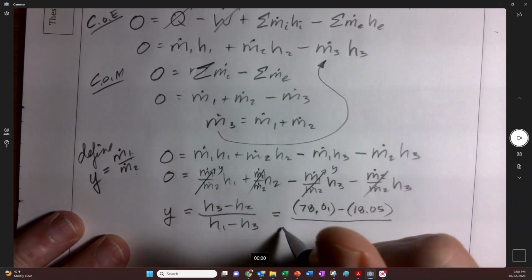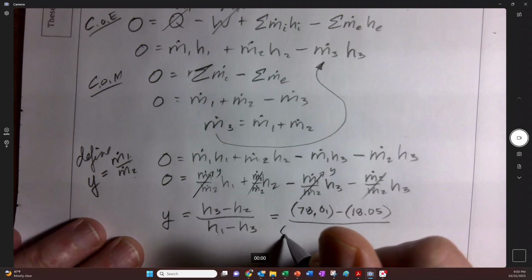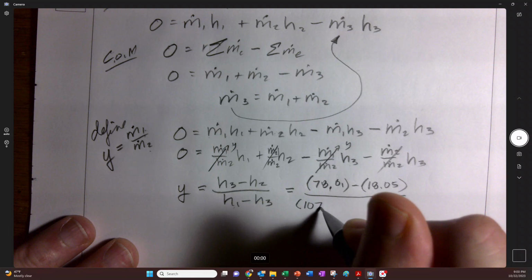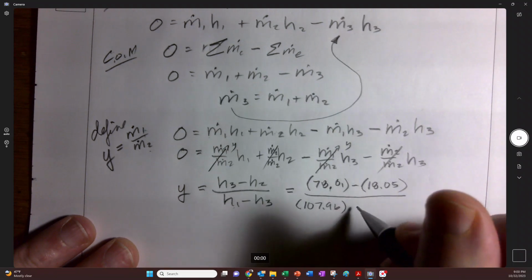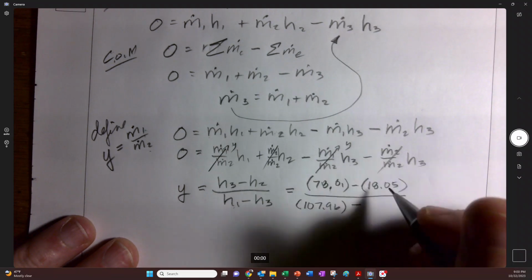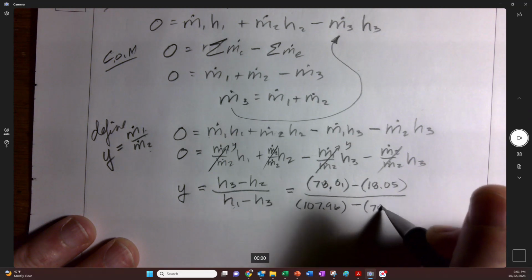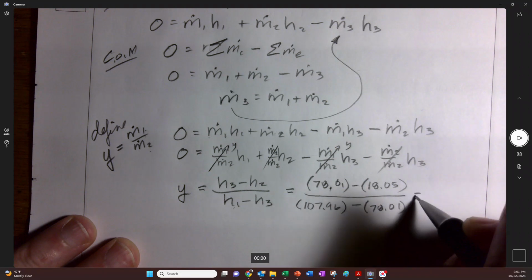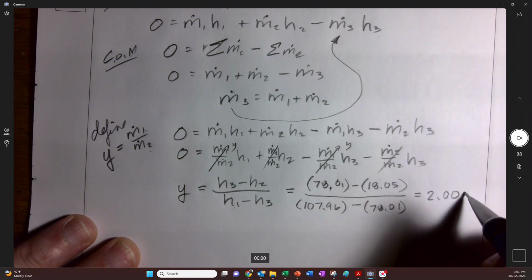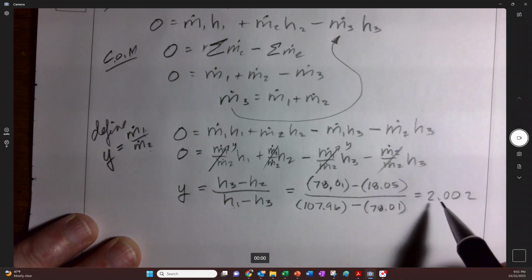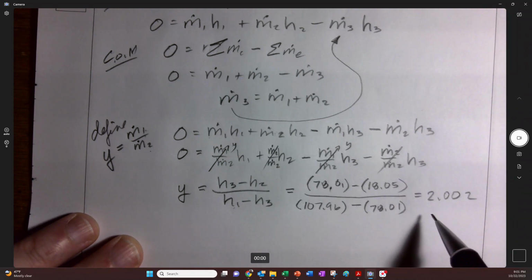Then h1, which was 107.96 for the hot water, minus, and lastly, h3 again, the 78.01. And we get 2.002. Yay! So this matches the example in Cengel.